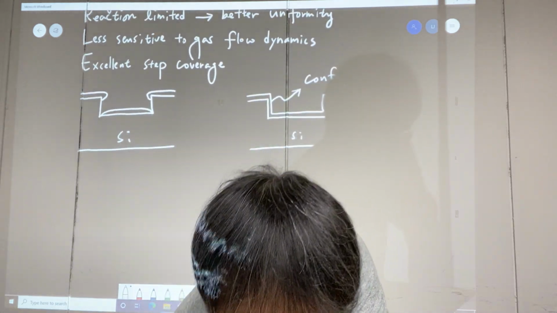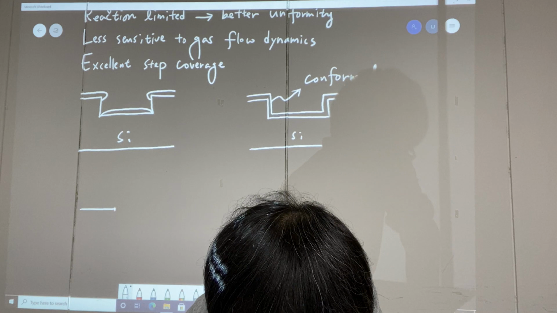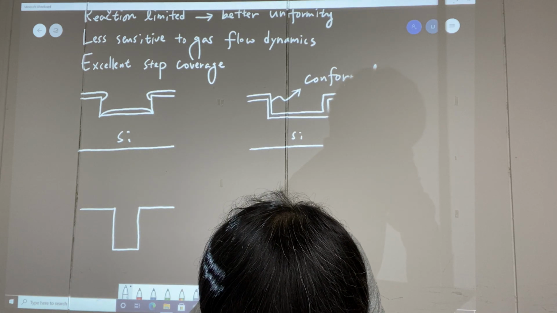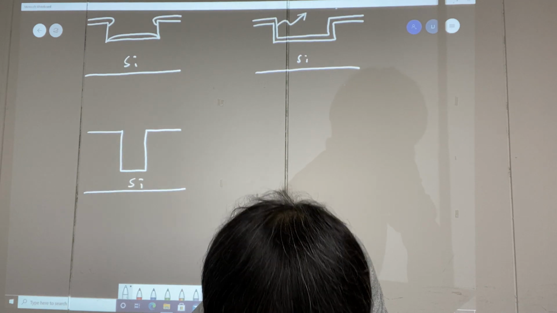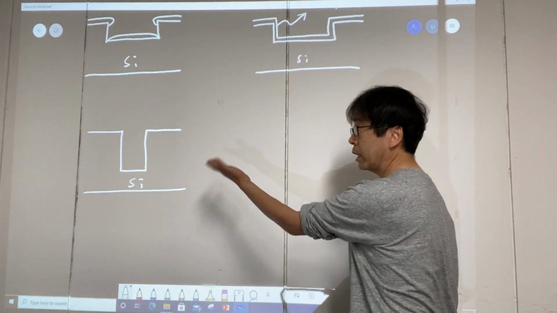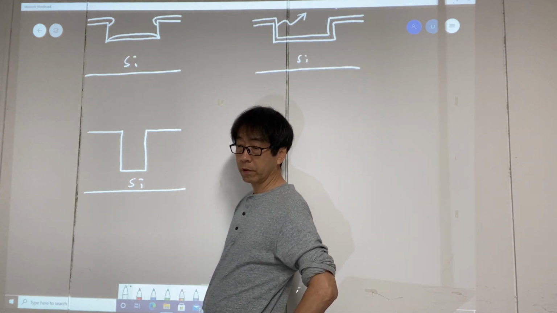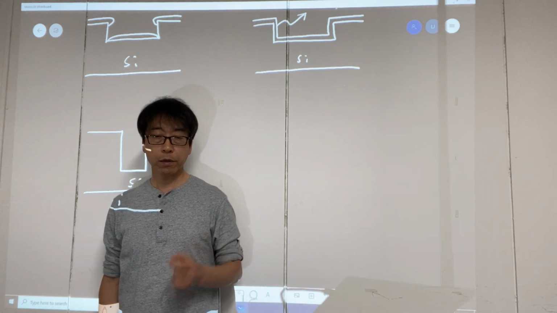For instance, you can have a deep hole like this etched into the silicon. And this deep hole doesn't have to be nanoscale, which is very hard to fabricate.